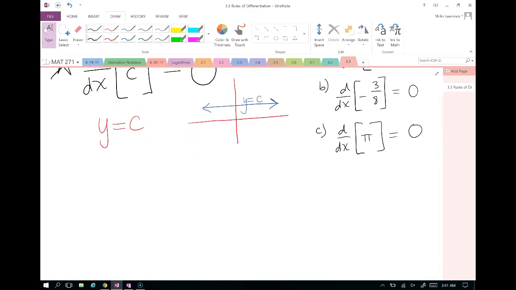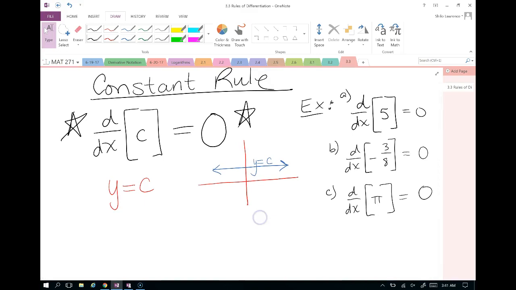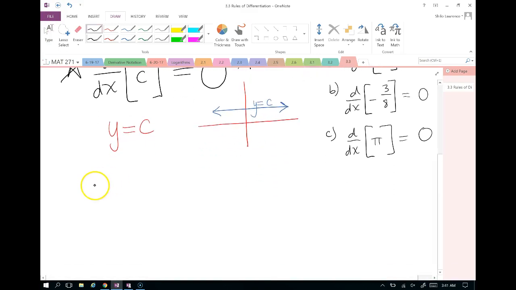The next rule I'm going to go over is not really a rule that's written in our book, but it leads up to the next rule, which is the power rule. And this is the rule for linear equations. I'm going to call this the linear rule.